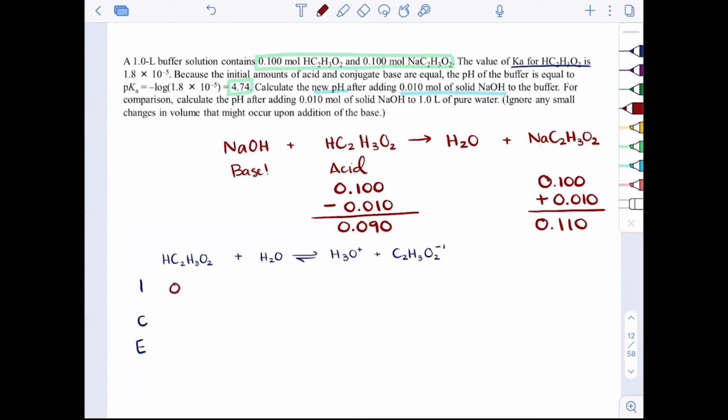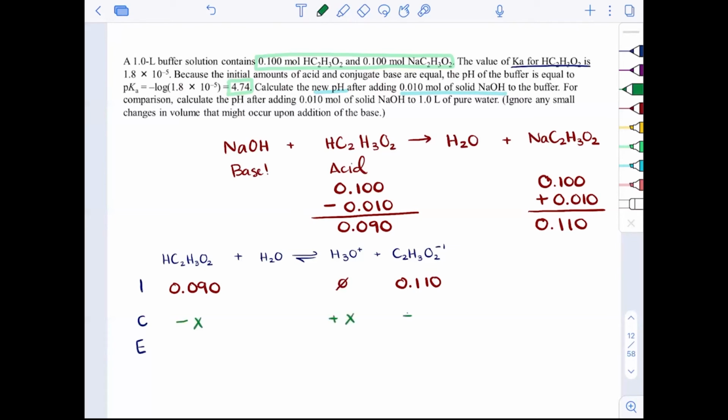So our initial concentrations are 0.09 for the acid and 0.110 for the conjugate base. Again, we're going to assume no H3O+ to start off with.